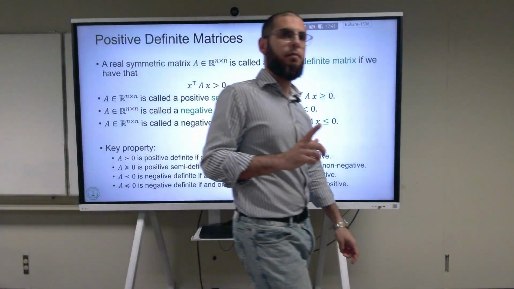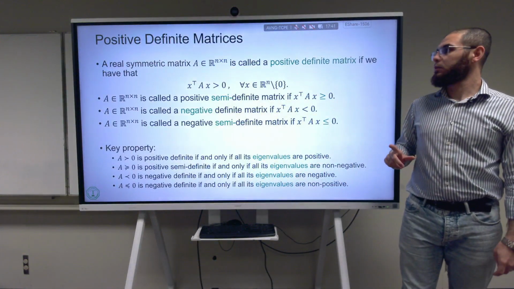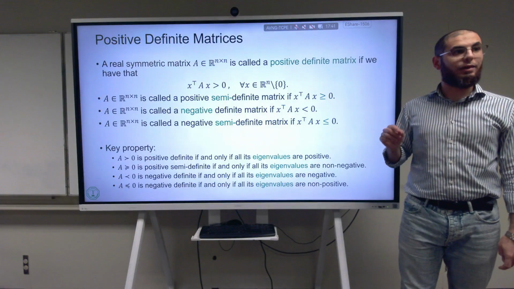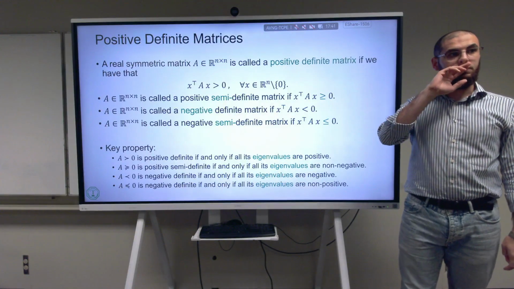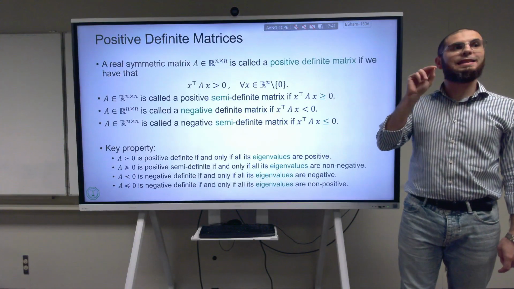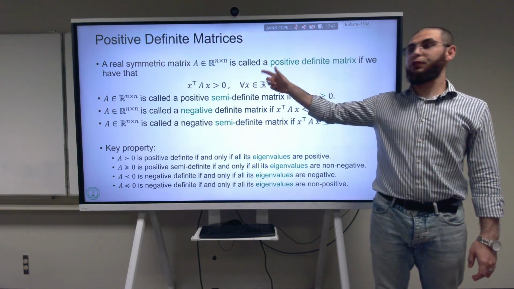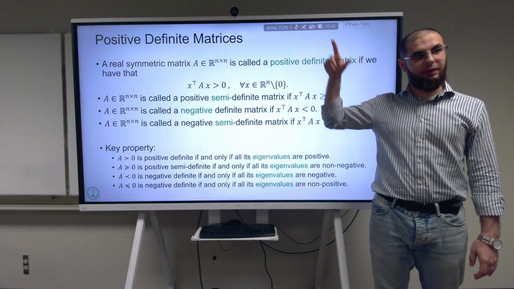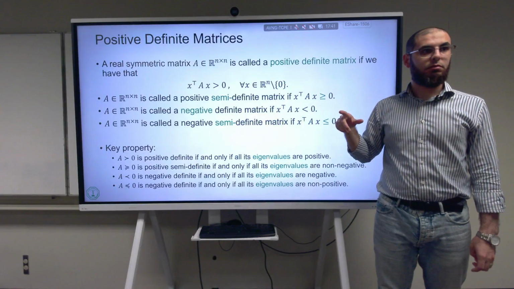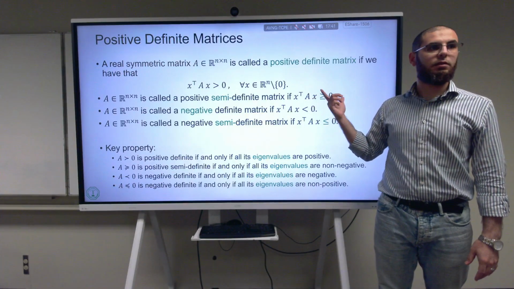X transpose AX equals 0. Exactly. How can we differentiate if it's a positive semi-definite or a negative semi-definite? So is it equal to 0 at some vector different from the origin? Let's say yes. Okay, then it's automatically positive semi-definite.